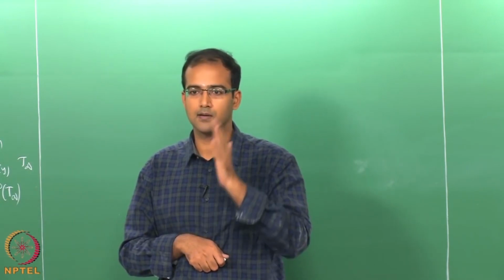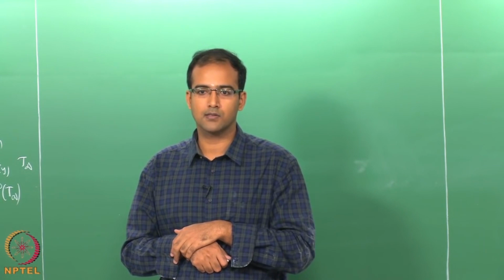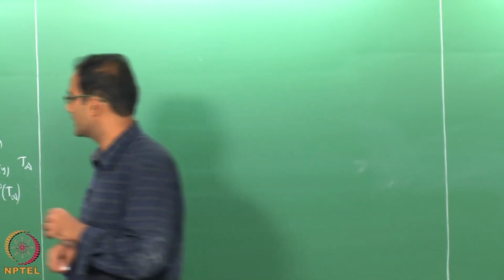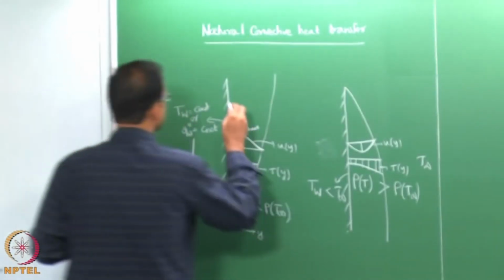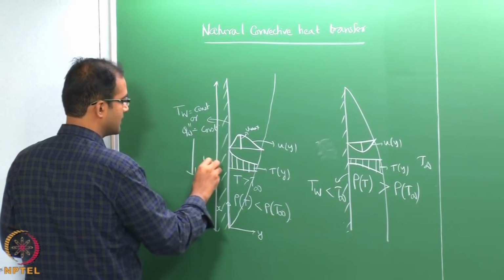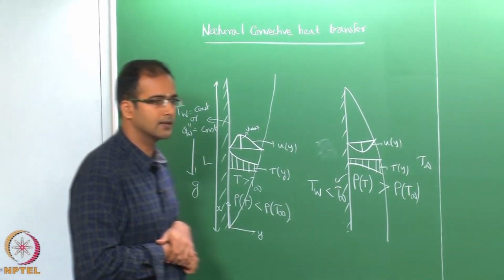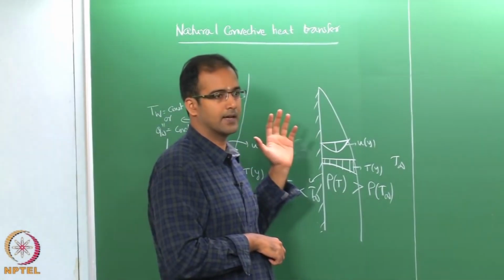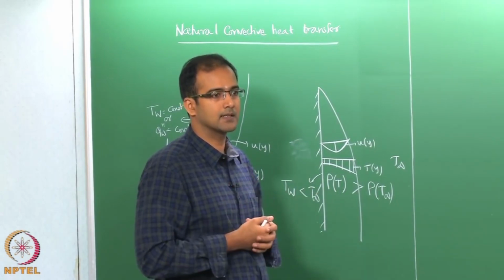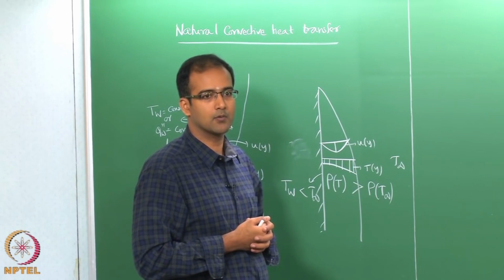So, you have a vertical flat plate boundary layer, natural convection, and let us try to derive the governing equation. Let us assume the length of this plate to be capital L. This is one of the characteristic dimensions that we will use in non-dimensionalizing the boundary layer equations.